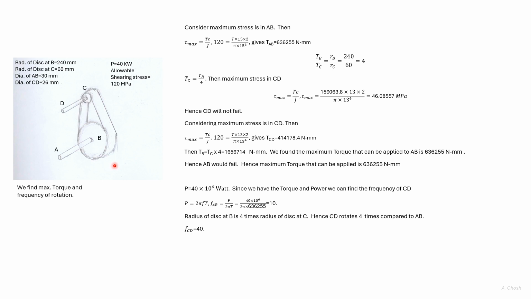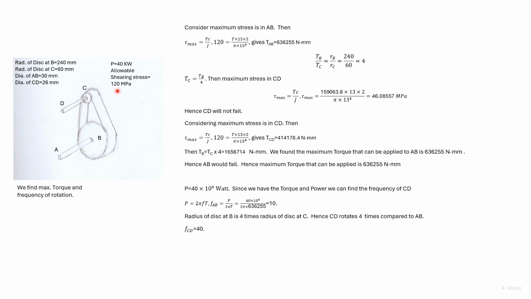We are given this arrangement where we have a disk at B and a disk at C, and they are connected by a strap, and we are given the geometry, that is the radius of AB and CD and the radius of the disks.